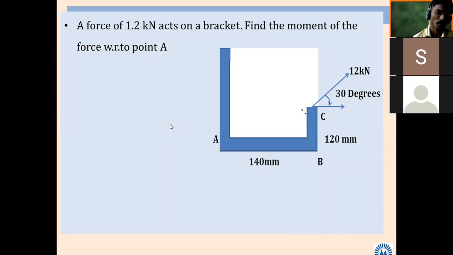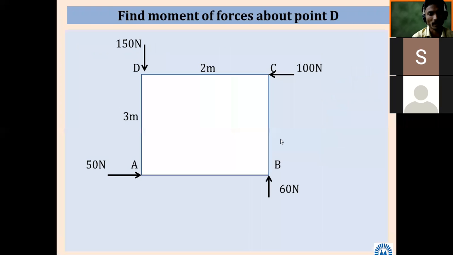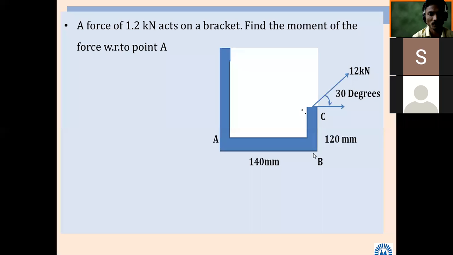But what is the difference, as far as direction is concerned, between this problem and the previous problems? If you see carefully, the figure is the same, but what is the change in this force? It should be 1.2 kilonewton.